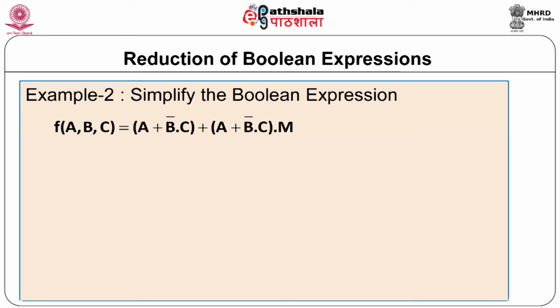So, if you see, the first bracketed quantity is common. So, we can write in the second line, let us take (a OR b bar c) common. So, we get 1 plus m, where m is any Boolean expression, any product term. So, in the third line, as we can say, 1 plus m is 1. So, therefore, we get only the bracketed quantity as a OR b bar c.